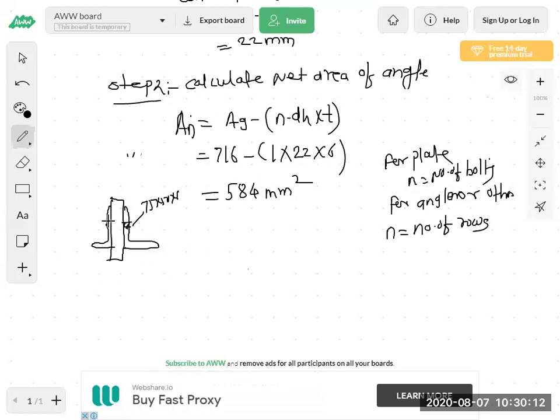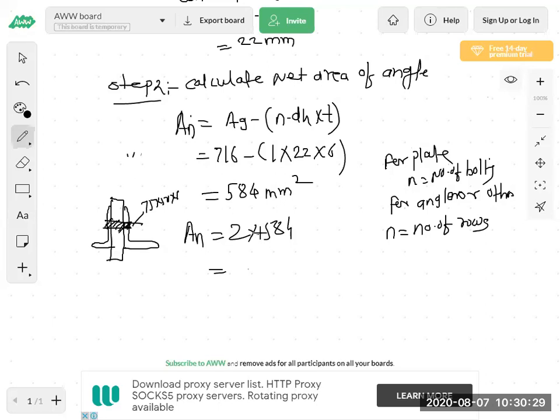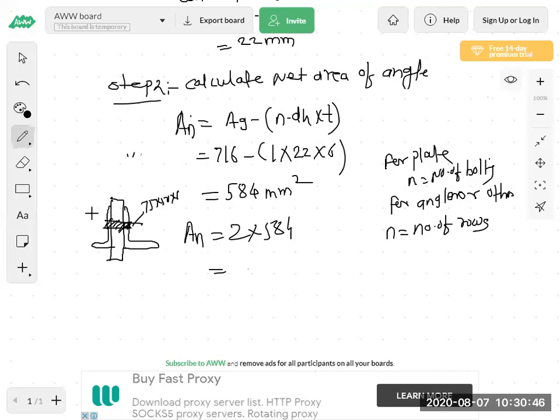Here we have used two angles, and like this we have provided bolts. Are you getting? So here An is equal to 2 into 584. This is the area of one angle. How many angles are there here? Two angles. So simply we have to calculate area of one angle and multiply by 2. The angles are given 2. This calculation we did for one angle only, but another angle is there.